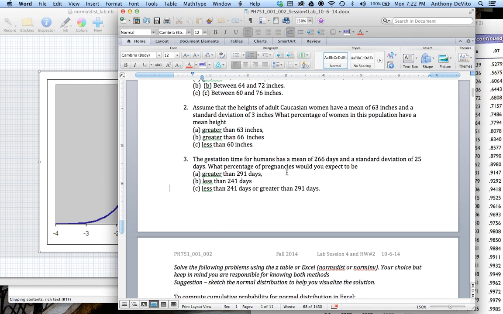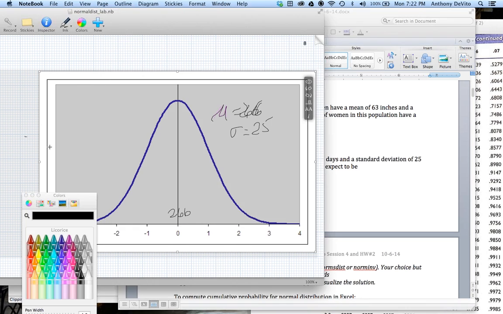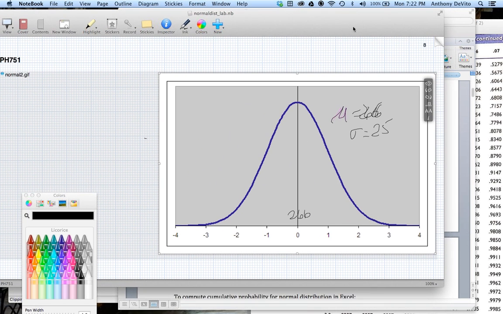Okay, what percentage of pregnancies would you expect to be greater than 291 days? Well, let's see. Now, these numbers are getting a little bit more complicated. So why don't we use our z-score formula? X minus mu over sigma, right? So what is X?